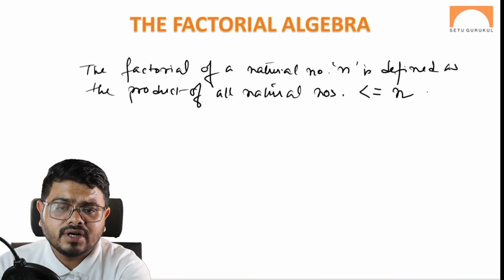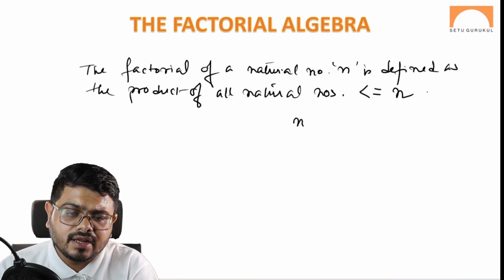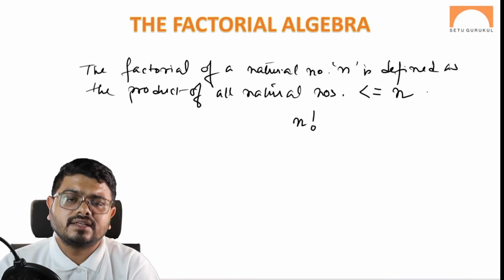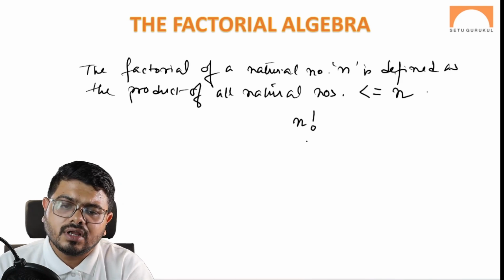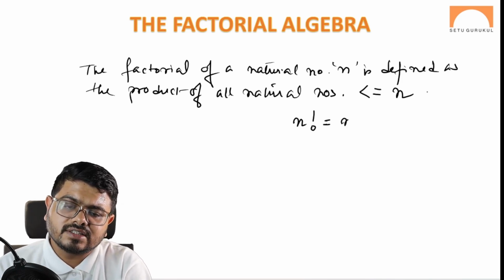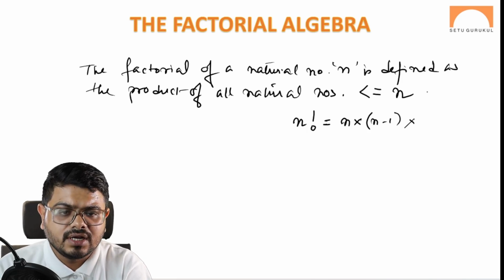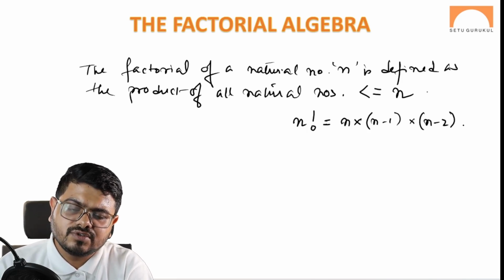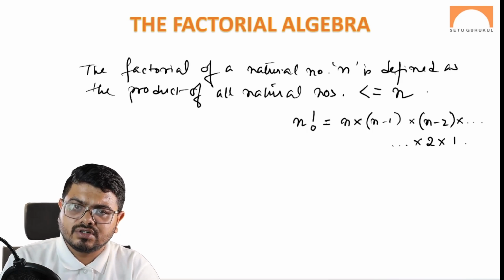Factorial of a number n is defined as n followed by an exclamation mark, which is n factorial, and mathematically that is defined as n times the number smaller than it, which is n minus 1, times the number even smaller than it, which is n minus 2, and so on and so forth, till 2 and 1.